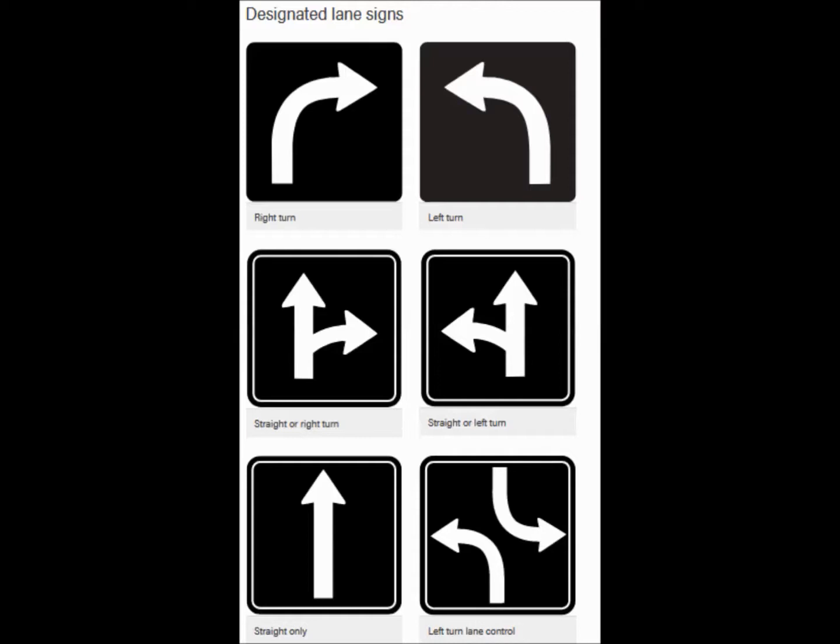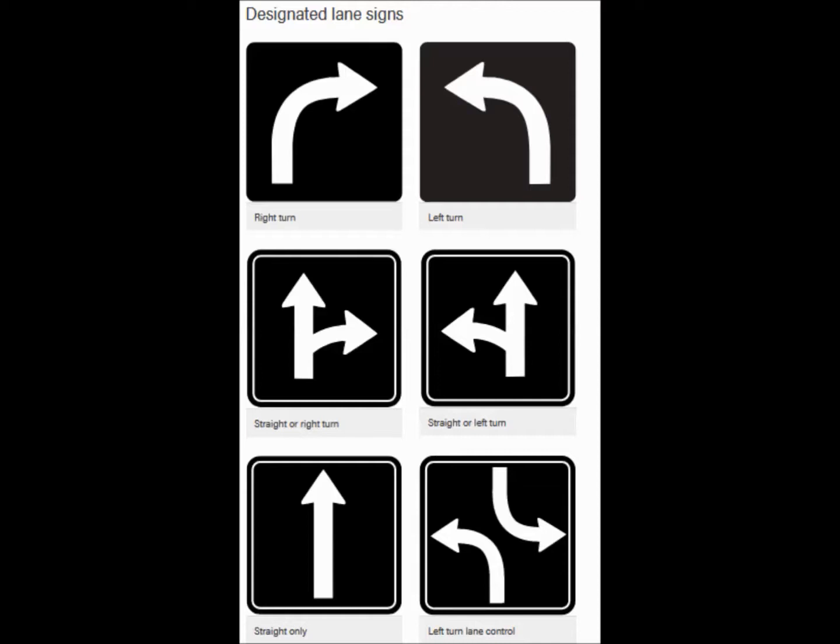Image description. A black rectangle with a white arrow going forward and then turning left. Straight or right turn. Image description. A black rectangle with an arrow that splits into two, with one going forward and a second turning right.